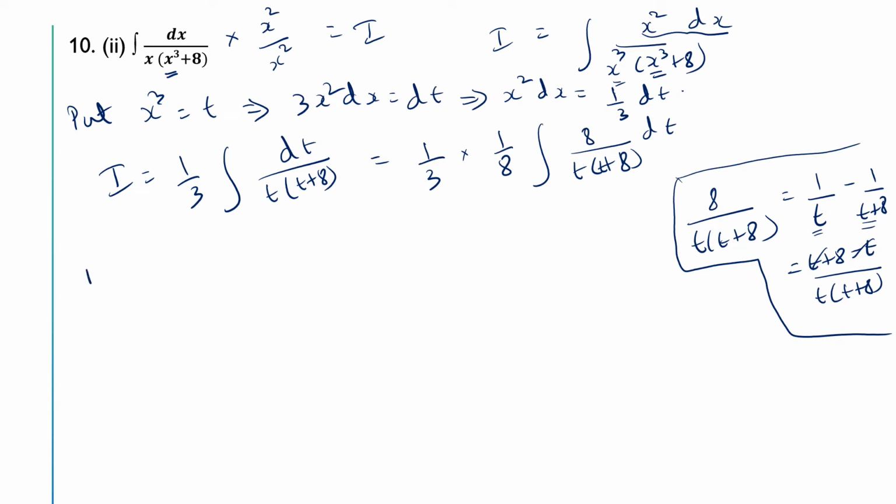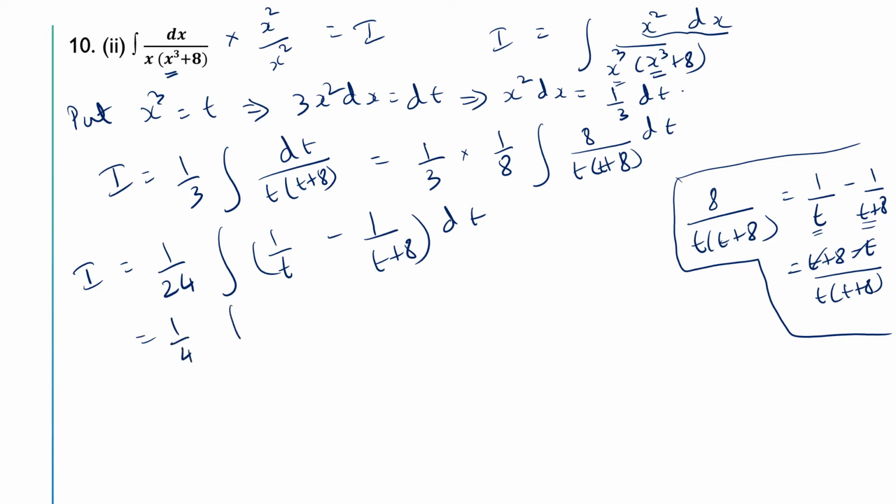So the given integral can be written as 1 by 24 integral 1 by t minus 1 by t plus 8 into dt, or this is equal to 1 by 24 integral dt by t minus integral dt by t plus 8.